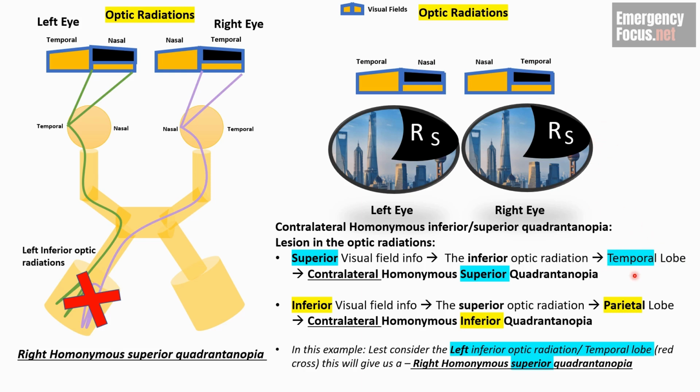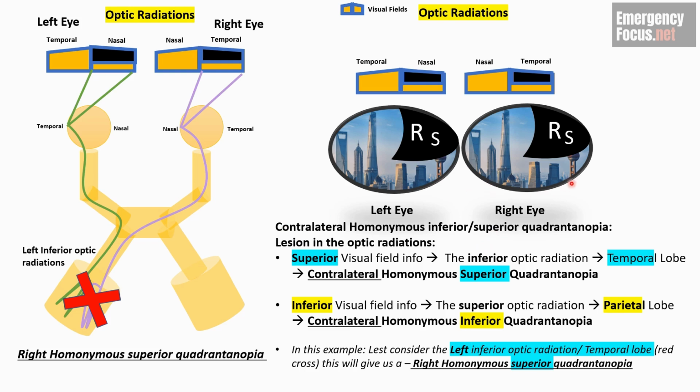And it's very, very easy. So the temporal lobe will be the one that will have these inferior optic radiations, which are the ones that transmit the information from the superior visual field. And because we said at the beginning that anything on the right side of my visual field was going to be processed by the opposite side, the damage will be always contralateral.